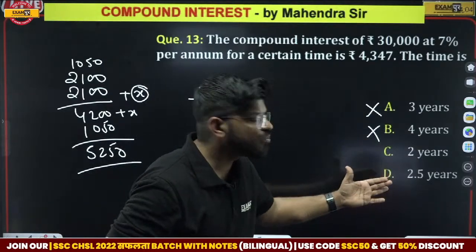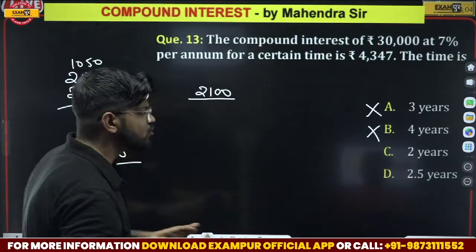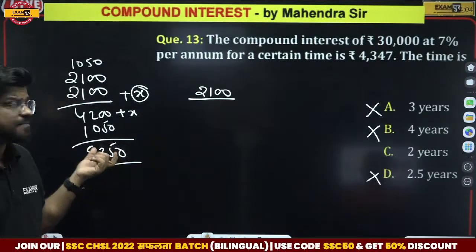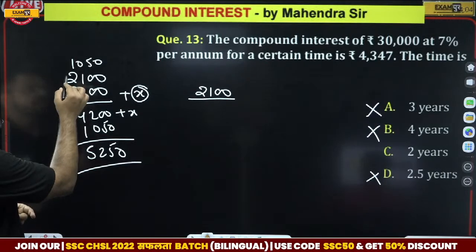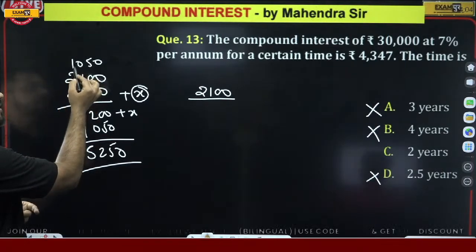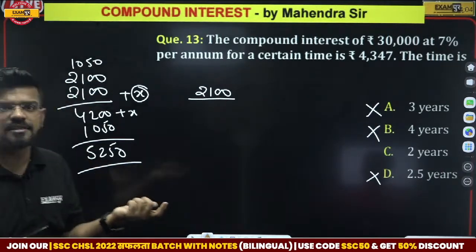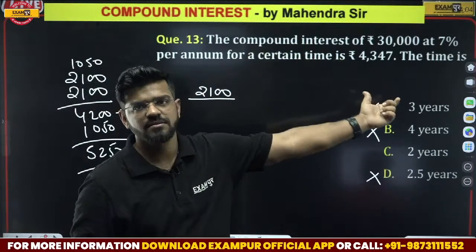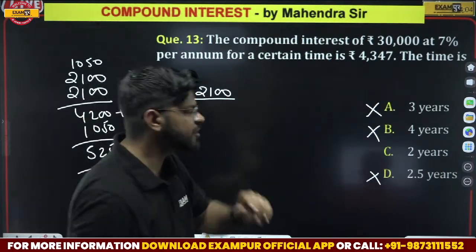From 2 and 2.5 I can directly say that 2.5 is not possible, because this is 2 year SI, 1 year, second year and half year. So SI is just 5250. So how can it be possible that CI becomes this? So CI becomes this only for 2 years.